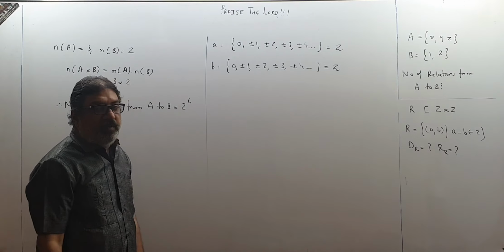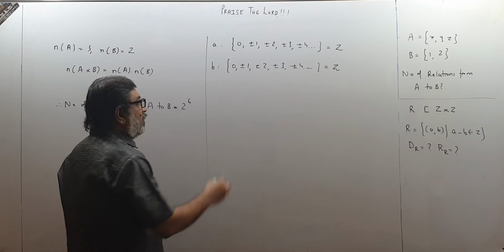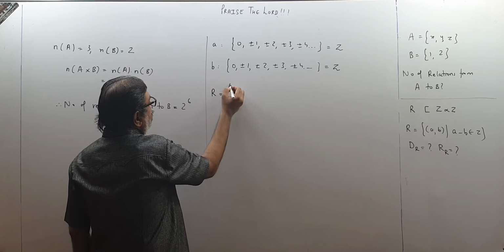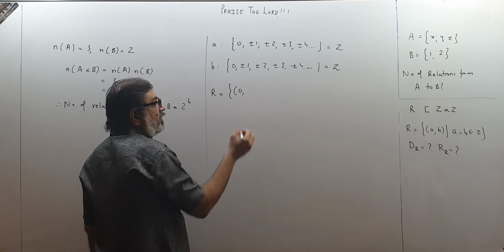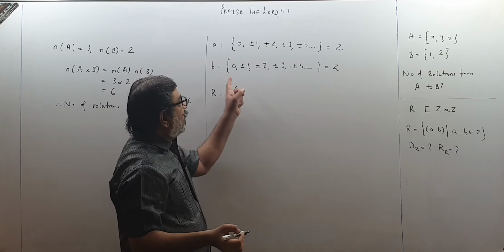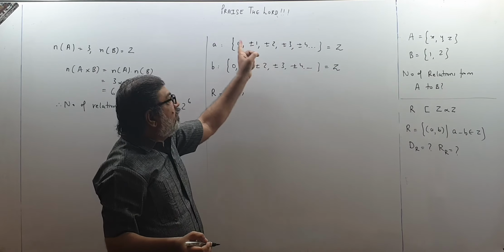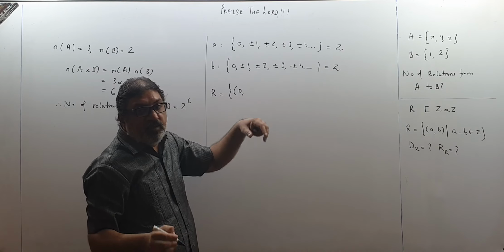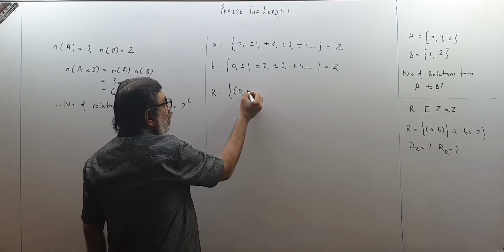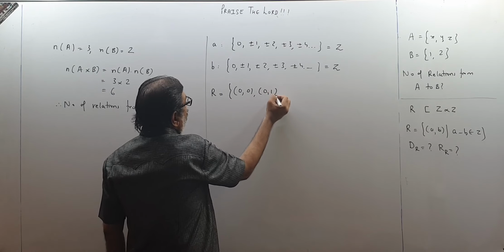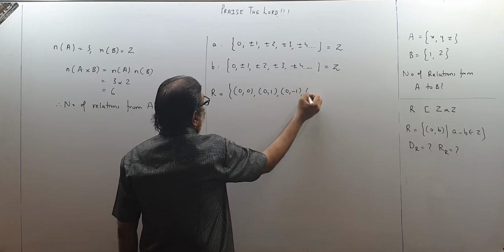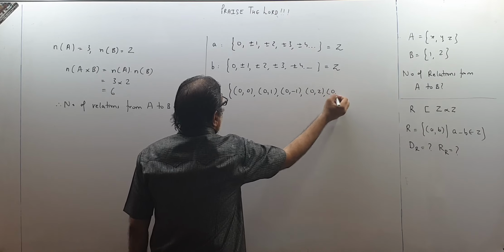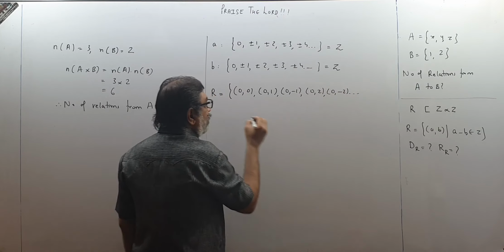Now we have to pick up (a, b) such that a minus b is an integer. So what can come in R? With 0, what elements can come? All, because if I pick up any element from here, then 0 from here, and the difference with that element will be an integer only. So (0, 0), (0, 1), (0, minus 1), (0, 2), (0, minus 2) and so on, all will come.